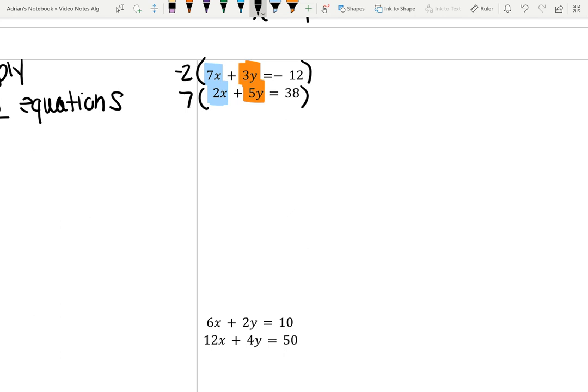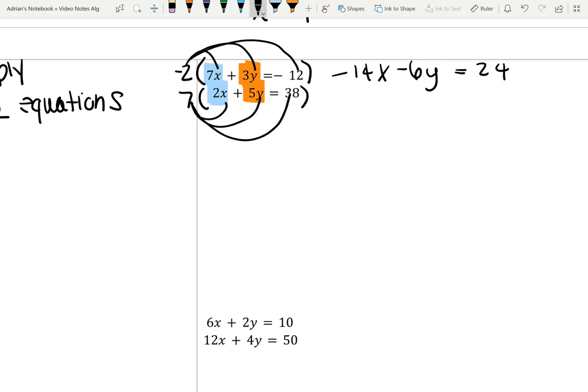Okay, so this will give me, start with my first equation. Remember, you have to distribute to all of these. Negative 14x minus 6y equals 24. And then my next one, positive 14x plus 35y equals 266.